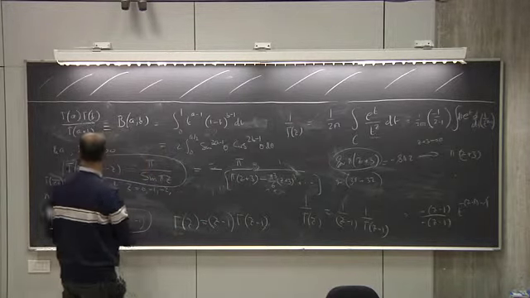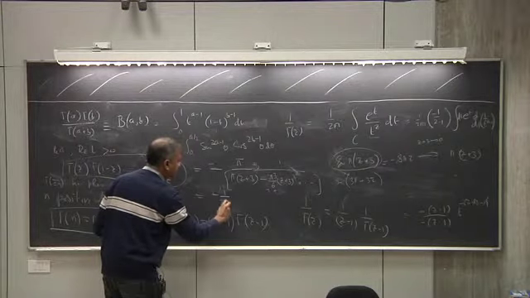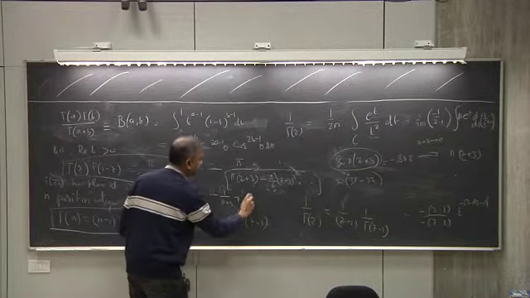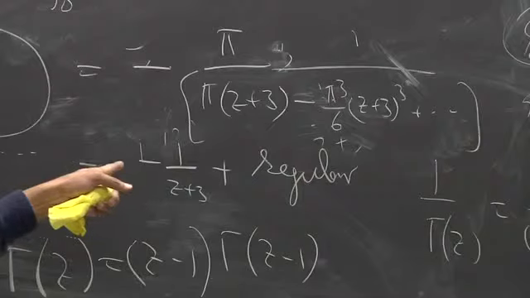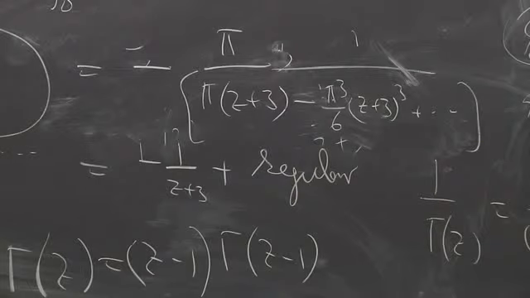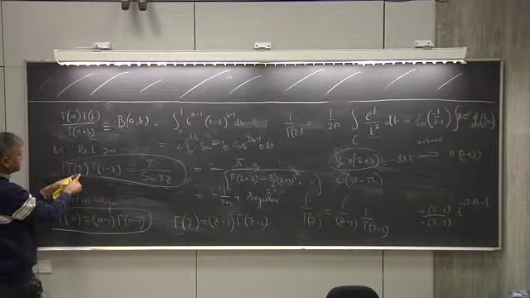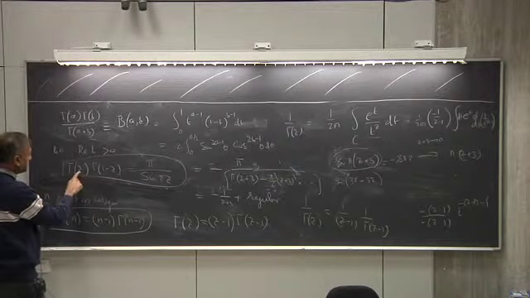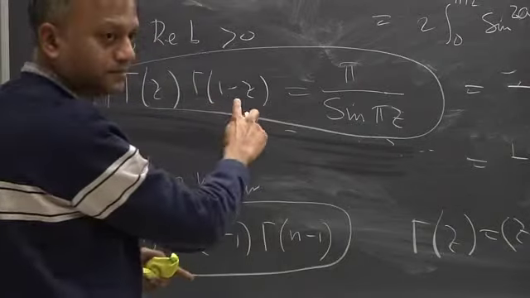So what is the residue? This is the same as minus 1 divided by z plus 3 plus regular terms, when you expand it. On the other hand, the right hand side gives you, we are looking at z near minus 3. So z near minus 3, this becomes gamma of 4.